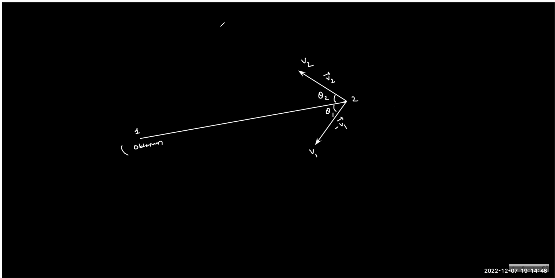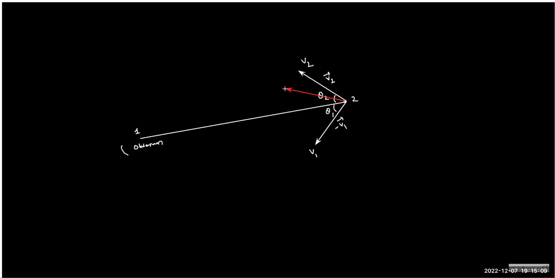Now, what are the possibilities of the resultant? It could be like this, or like this, or like this. Once again, the resultant of the two vectors could be like this. Could be like this also, or like this also. All three are possible, right?